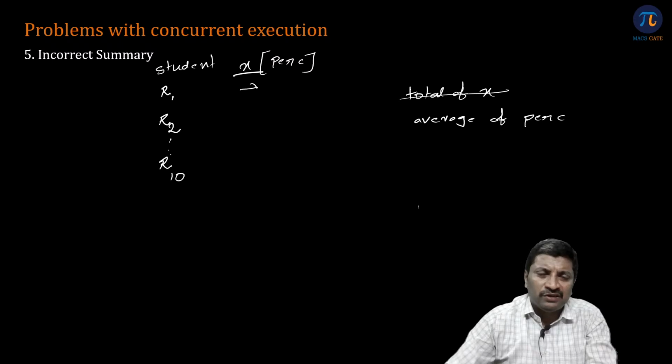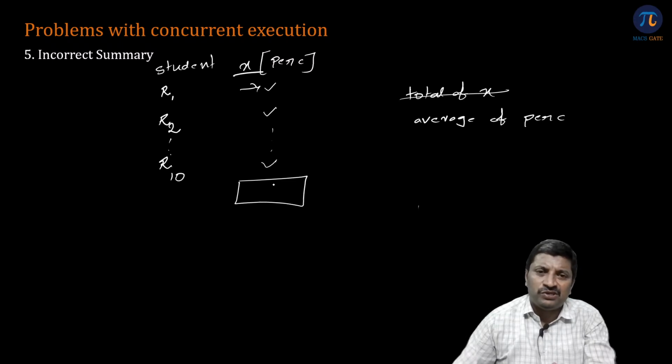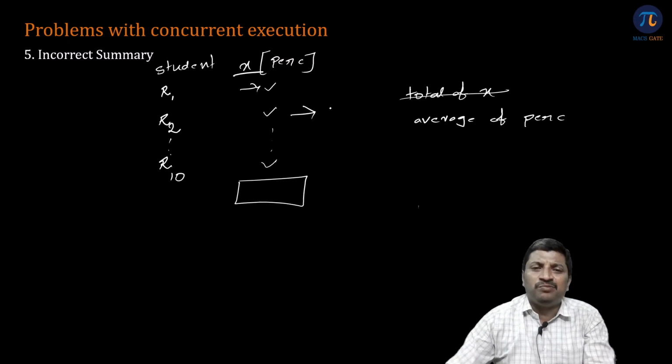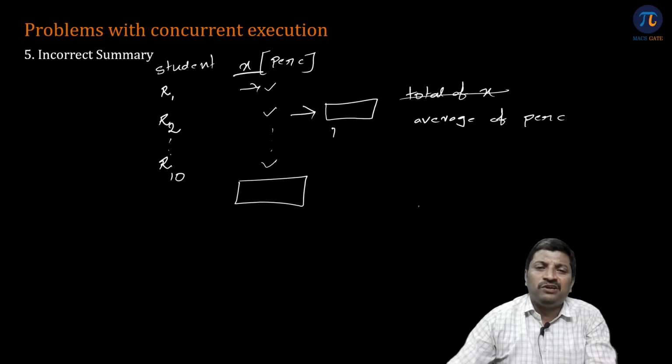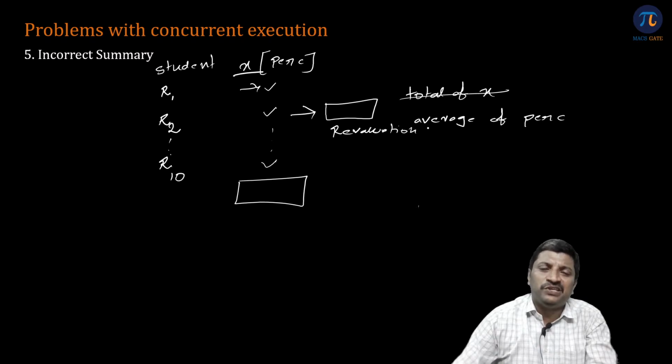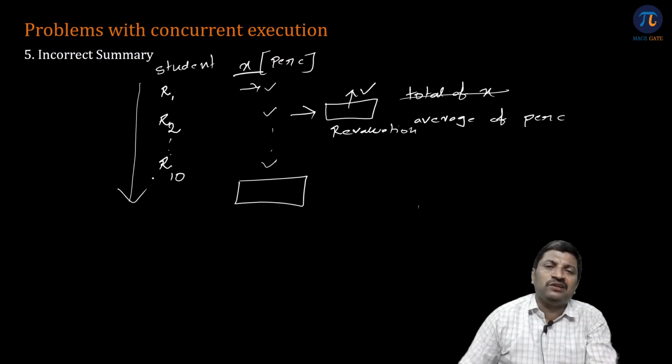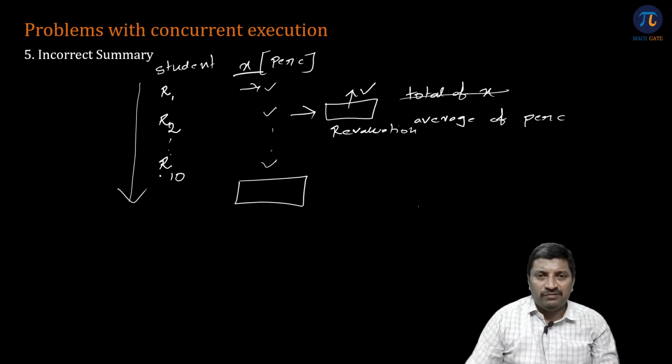You got the first percentage, second percentage, and third percentage, and you are making the total and average. Suddenly, at the same time, the second student got a revaluation or supply result, so his percentage may increase. That means if I repeat the average calculation, it will be a different value.